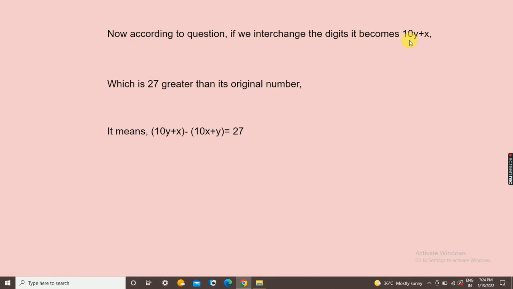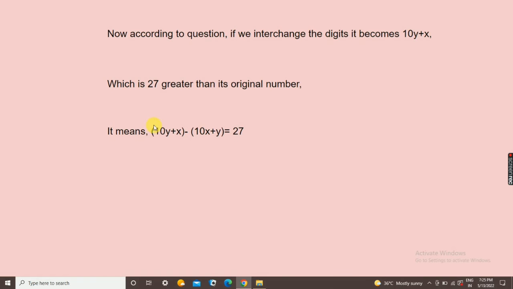The new number, after interchanging the digits, is 10y plus x, minus the number before interchanging, which was 10x plus y. By subtracting, we would get the answer 27.